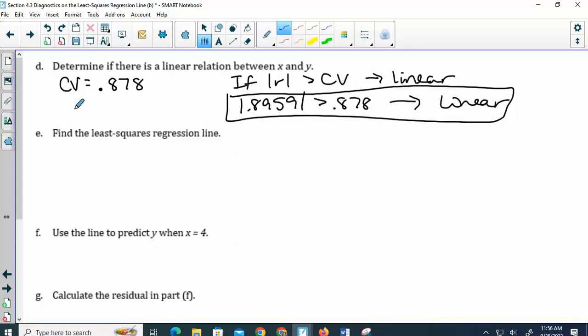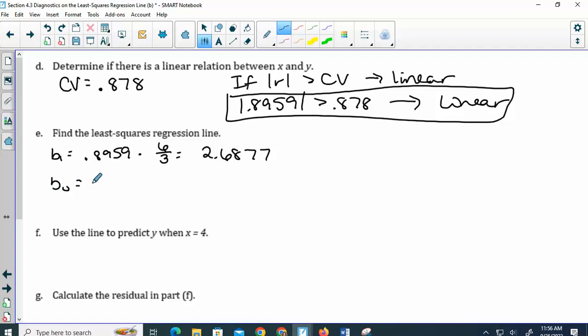So if you go back to your formula sheet, second bullet, it tells us b sub 1, which is the slope, is r, which we got 0.8959, times standard deviation in y, which was that 6, divided by standard deviation in x, which was 3, I believe. And so we get 2.6877.